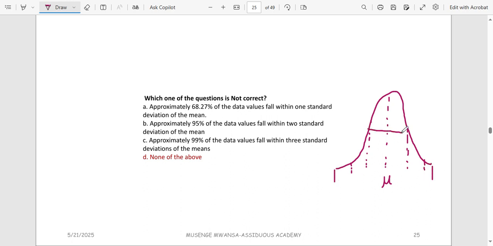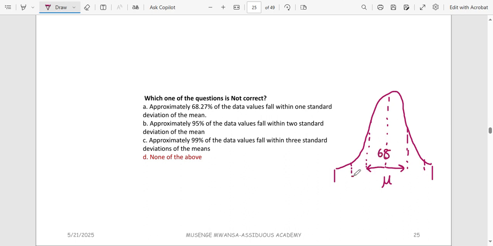So this is the first standard deviation. Going this direction, that is mu, or the mean, plus one standard deviation. Going this side, it's mean minus one standard deviation. So we call this region the first standard deviation, and the percentage there is supposed to be 68.